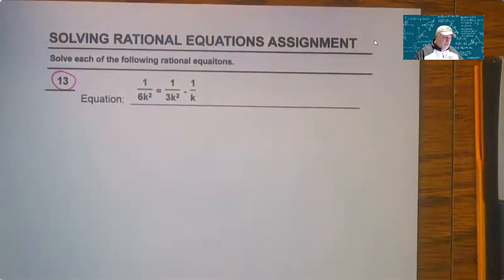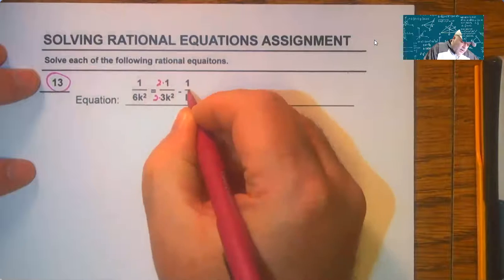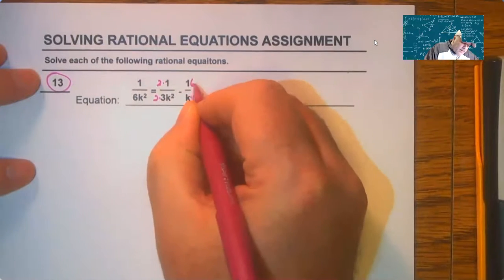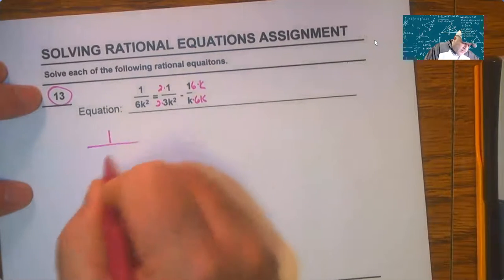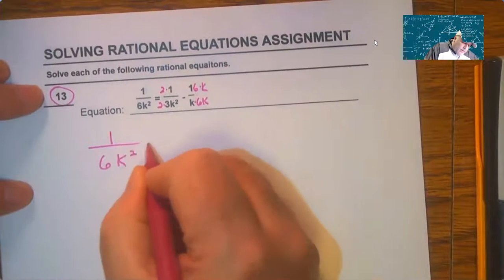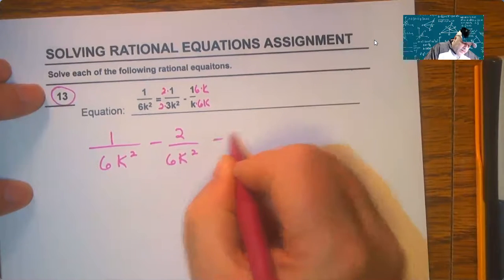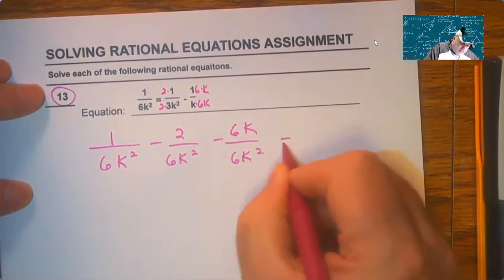Okay, problem 13. So notice we're missing a 2 on top and bottom here, and we're missing a 6k on the top and bottom. So we have 1 over 6k squared minus 2 over 6k squared minus 6k over 6k squared.